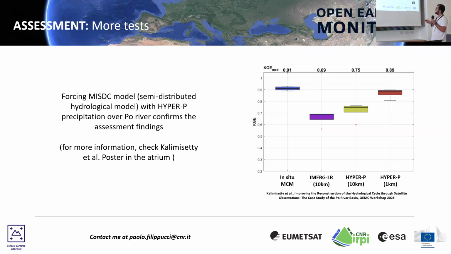Then they tried to force it with IMERG late run at 10 kilometers with quite good results, but a bit far from the observation. Then they used this dataset aggregated at 10 kilometers and the one at 1 kilometer. And we can see both the improvement with using more information from ERA5, from SM2RAIN, and also the improvement with the downscaling, with the theoretically high resolution, as Luca said before.